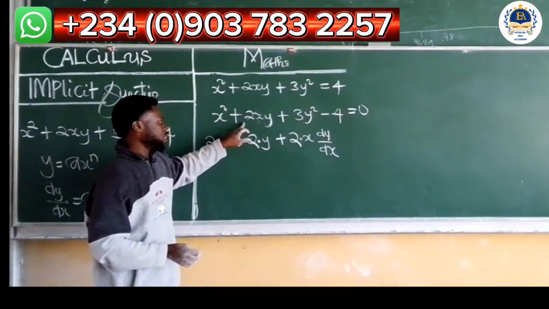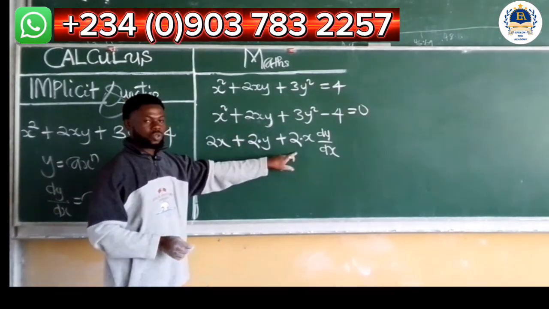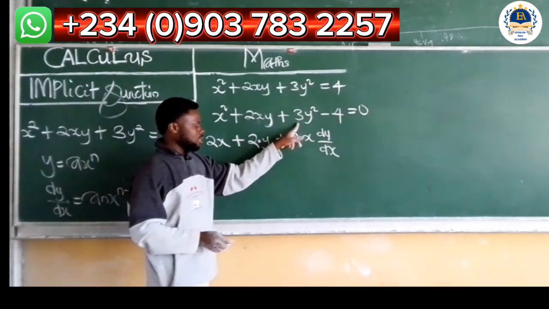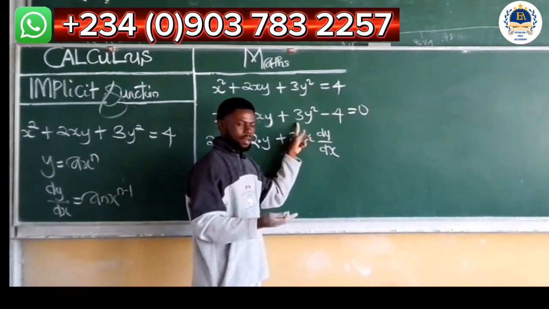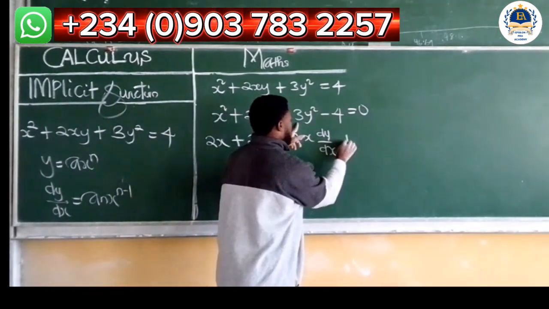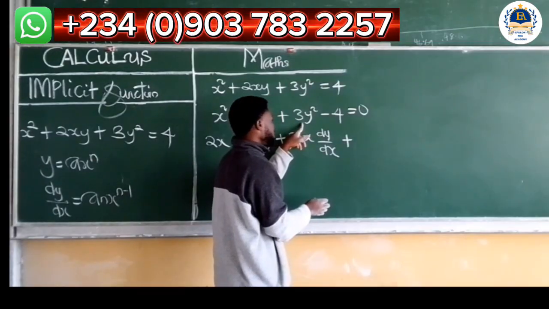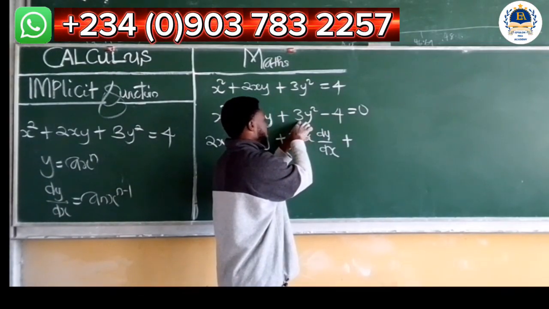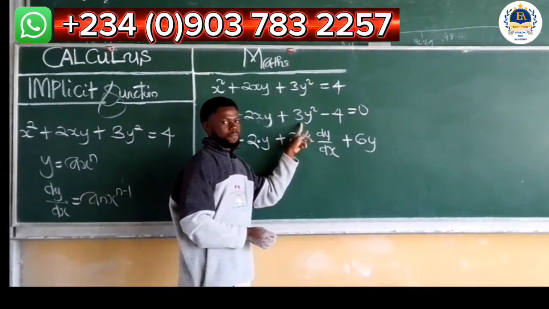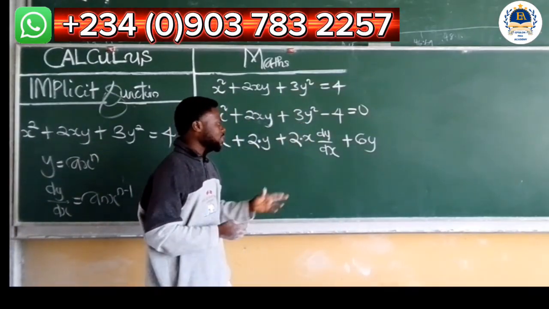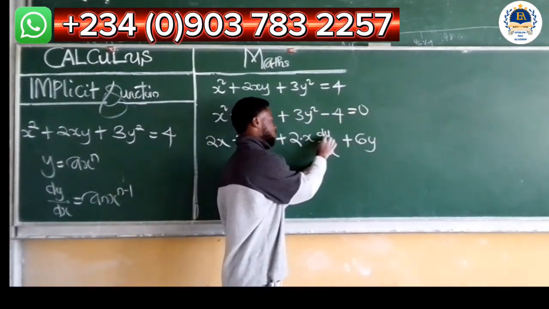We differentiated this term 2 times, 1, 2. So the next is this, and this is to differentiate the y term. So that becomes plus, to differentiate this, multiply this by this, which equals 6y. Then attach dy over dx to it.